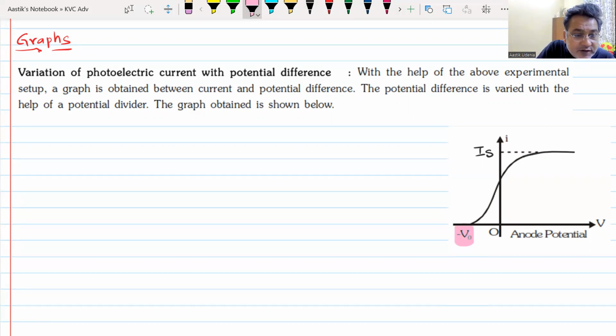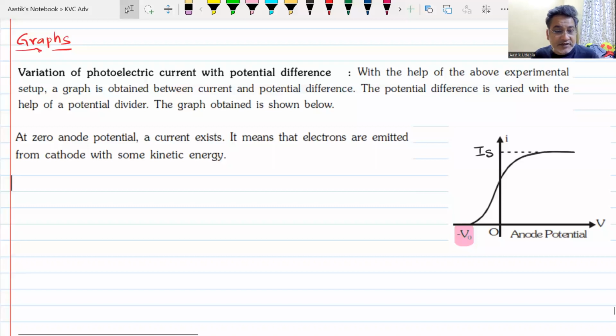What are the main points of this observation? It would be a repetition probably, but the more we repeat, the better we become. At zero potential, a small current will exist because there will be some electrons which will be able to go to the other side. Do we understand this? Yes, sir. If we keep on increasing the anode potential, what happens?